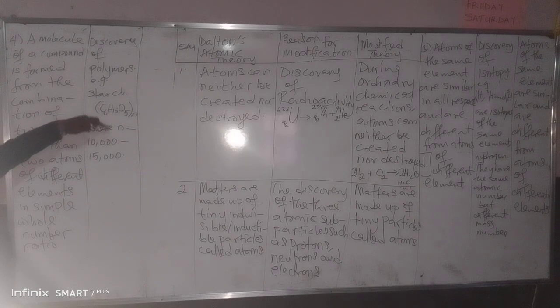Then 10 times 10,000, that's 100,000. 5 times 10,000, you know what it is. This number will give a complex ratio, not a simple whole number ratio.